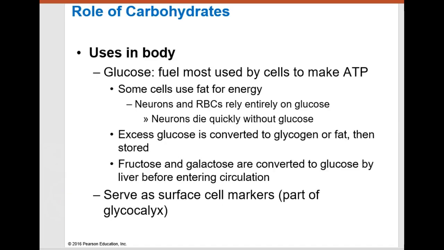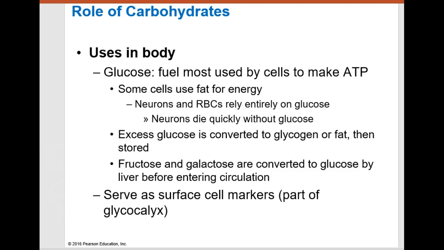So carbohydrates, which come from fruits and vegetables, they come from our grains as well. Generally, they're used, as far as glucose goes, to make ATP. Neurons and red blood cells prefer to rely on glucose.